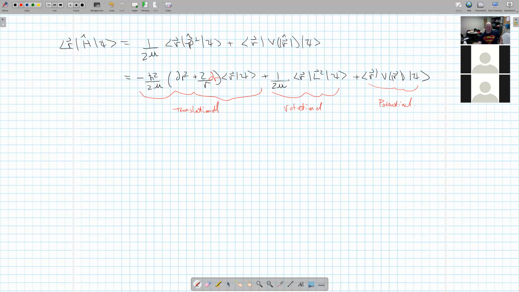So all this is saying is that this is still equal to the total kinetic energy, which is the translational plus the rotational kinetic energy, plus the potential term. But this is the rotational kinetic energy of a point mass with reduced mass mu. Remember, the rotational kinetic energy is equal to L squared divided by twice the mass for a point mass.